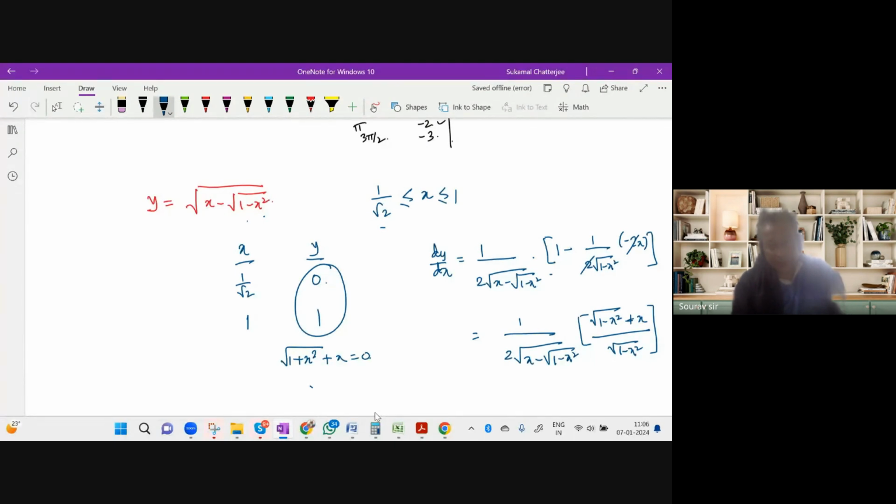That means root over of 1 minus x square is minus x. So 1 minus x square is equal to x square. So 1 is equal to 0, which is not valid. So this cannot be 0. So there is no point of maxima or minima in between. Yes, sir. That proves it.